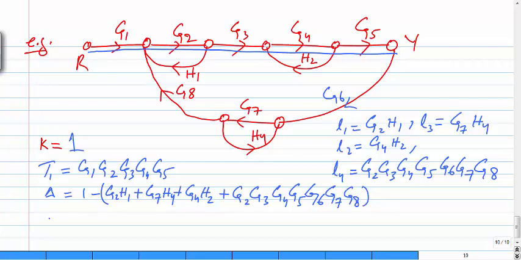Now we have to consider delta 1: minus all those loops that are not touching this path. We don't have any such loops, so in that case delta 1 is 1.